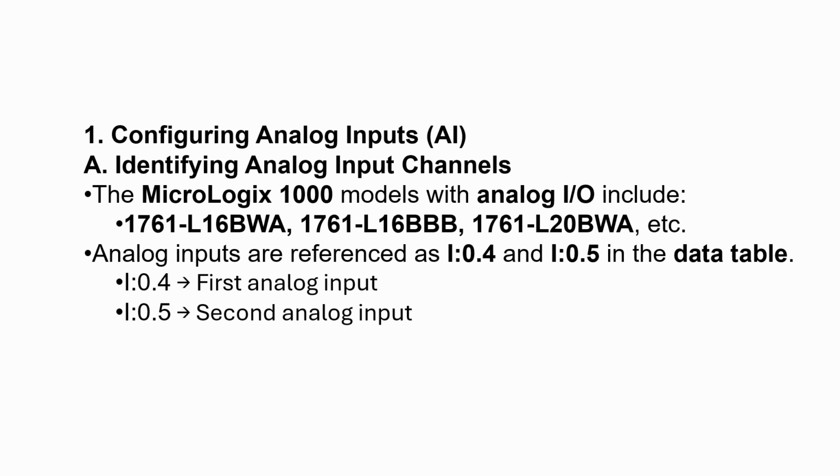The first analog input would be dot 4, the second would be dot 5. So kind of similar looking to digital inputs, but not quite. You've got the decimal point there representing which channel.